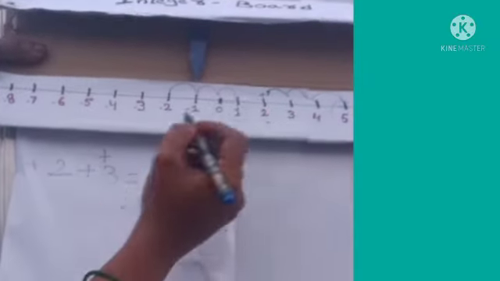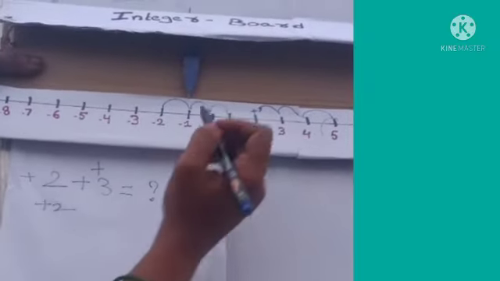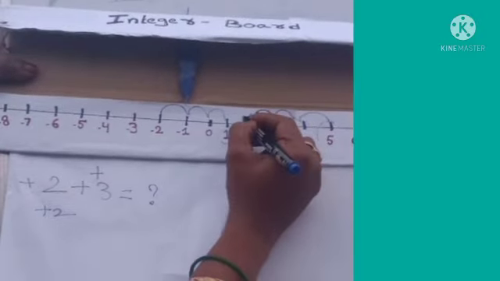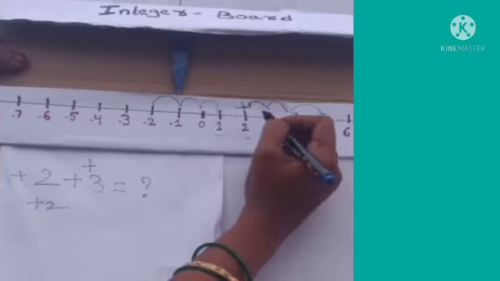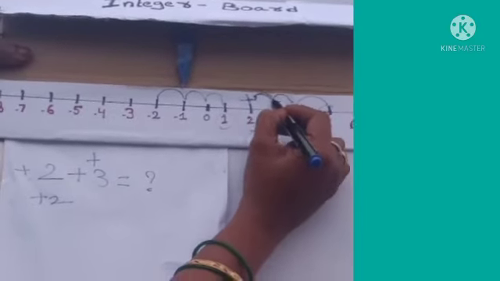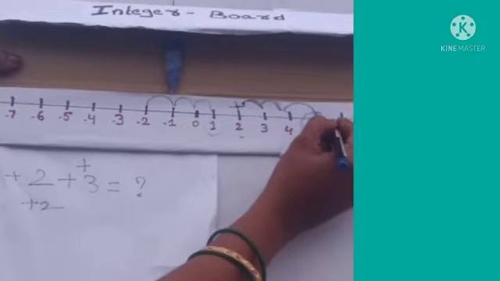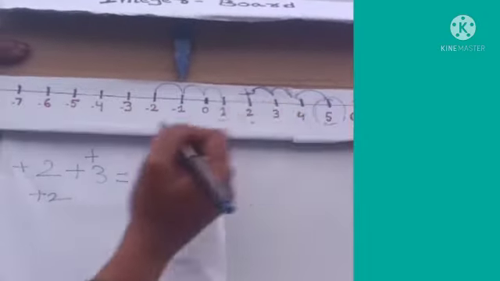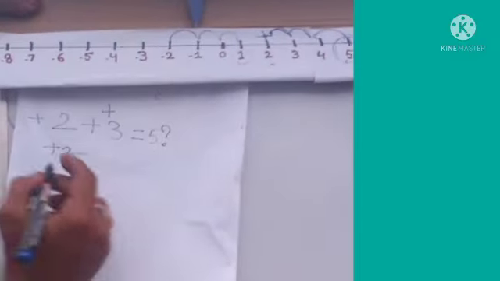First of all, we take plus 2 on the right side of 0. This is plus 2. We should follow 3 steps: 1, 2, 3. Finally, it will stop at the number 5. The result is 5.